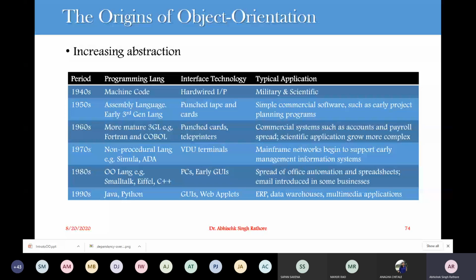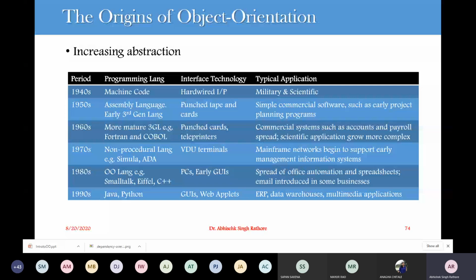The increasing level of abstraction is summarized in this table. We have different periods, right from the 1940s to the 1990s, with different programming languages available, starting with machine code, then assembly languages, and then mature third generation languages like Fortran and COBOL. Then we go to some non-procedural languages in the 1970s like Ada and Simula.